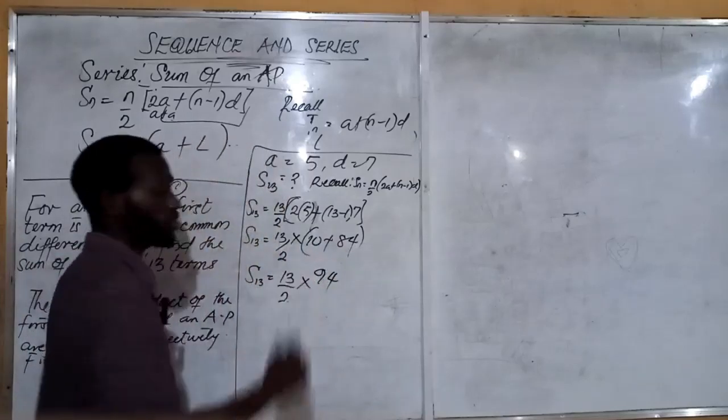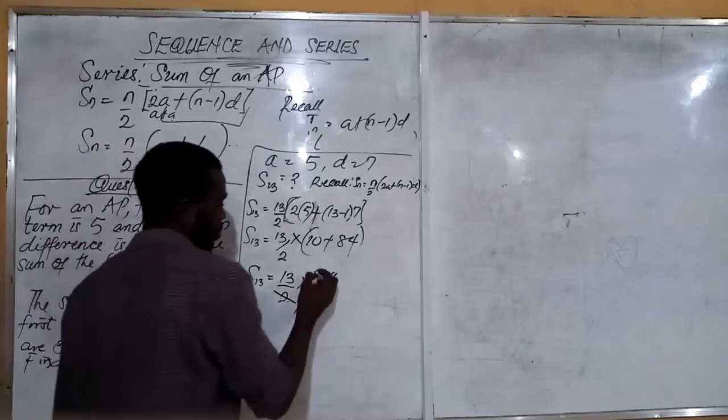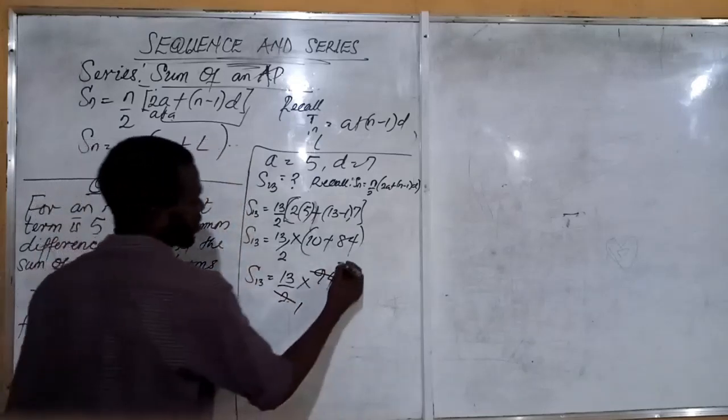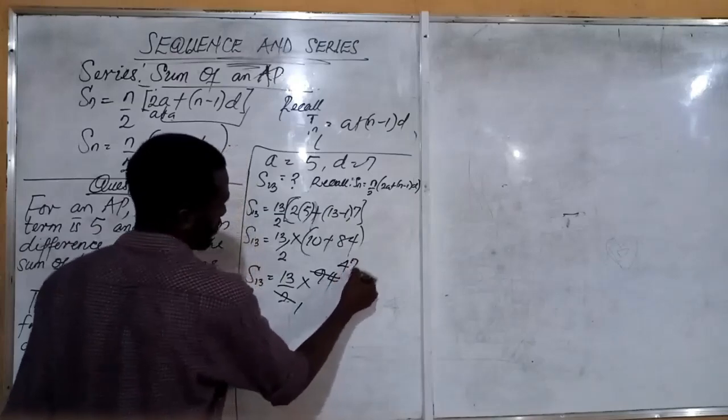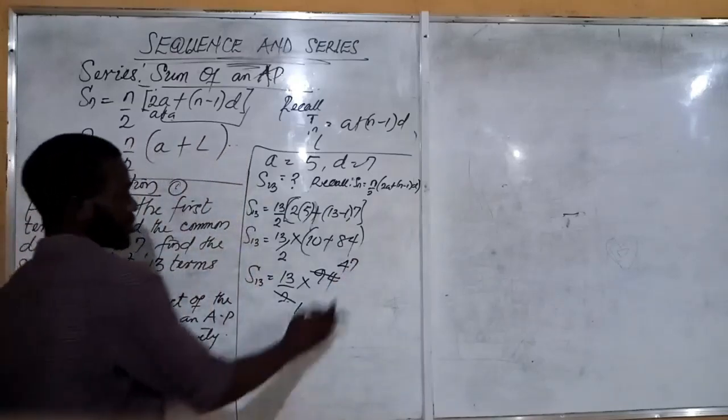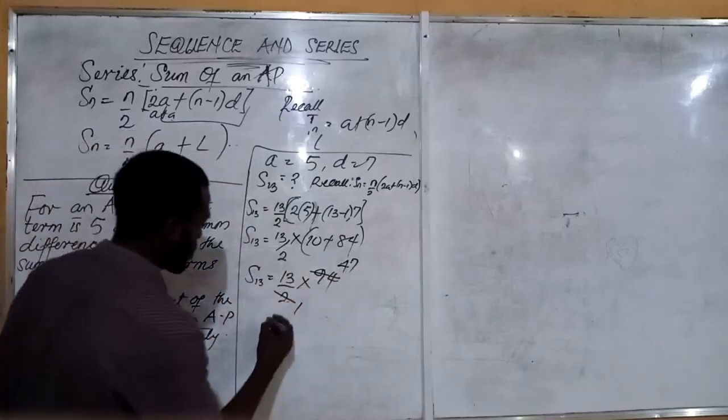You see I can actually use 2 to cut this. So 2 here gives 1, and 2 in 94 gives me 47. So 47 now times 13.